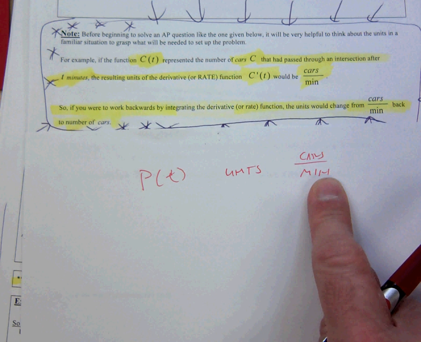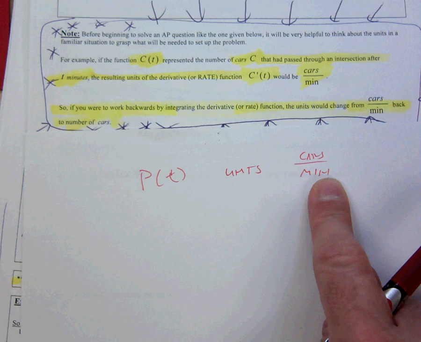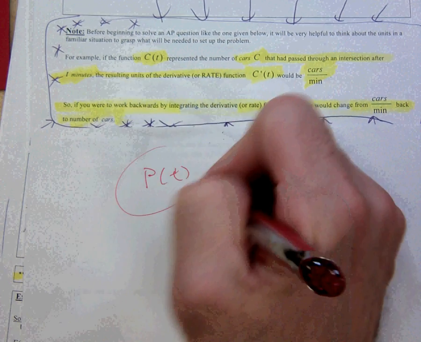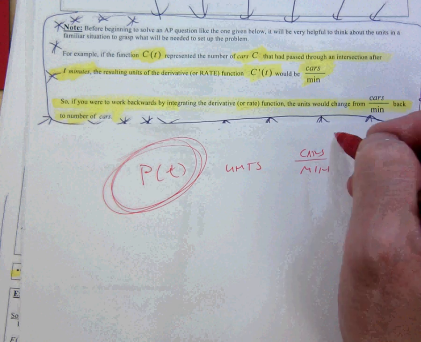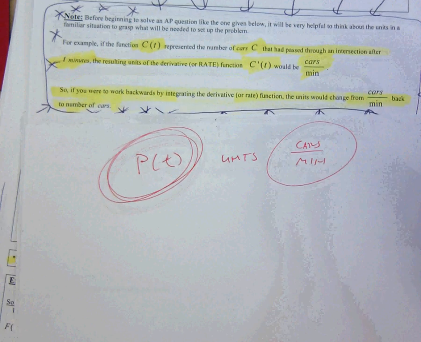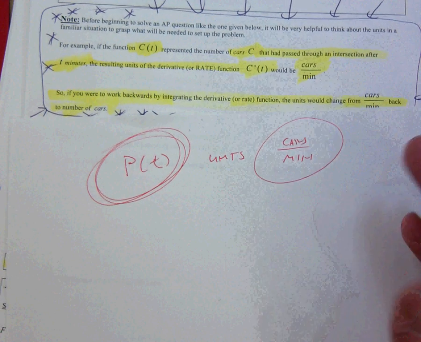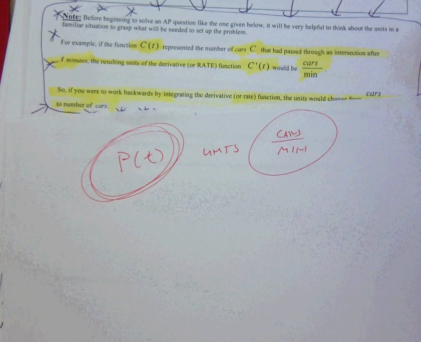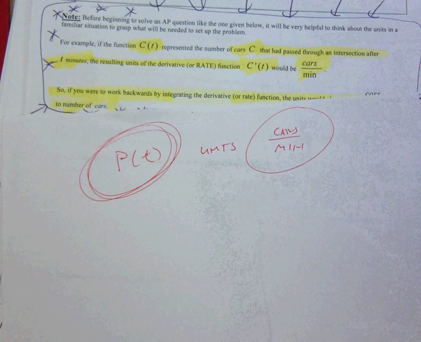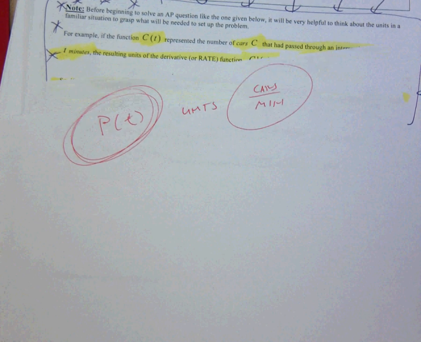You're going to have to integrate, aren't you? Do you understand how this is just the opposite of taking the derivative? So if they call P some function with units of cars per minute and they ask you to find number of cars, aren't you going to have to integrate to go from cars per minute back to cars? Aren't you?